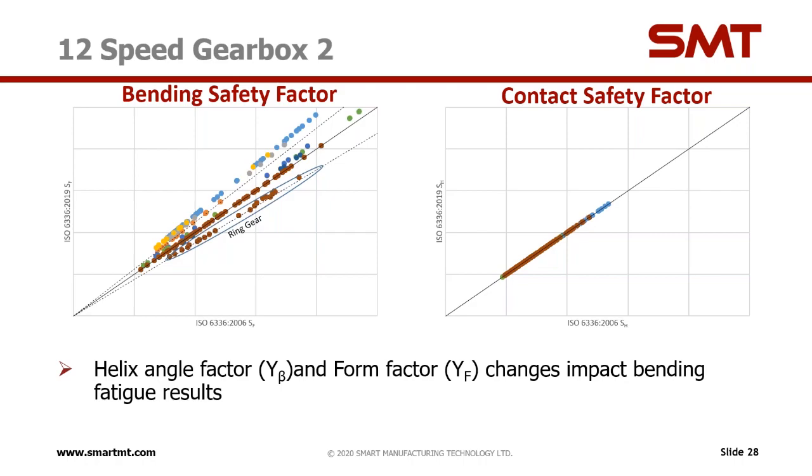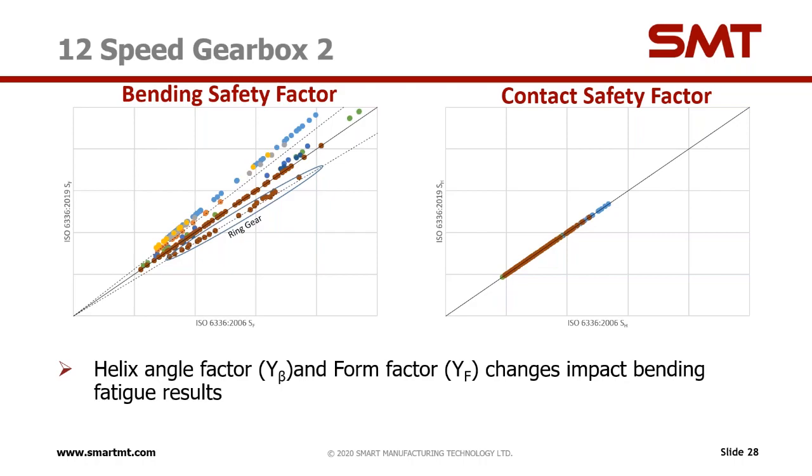So those are sun and planetary gears, and ring gears circled actually show approximately 14–15% reduction in their safety factors.